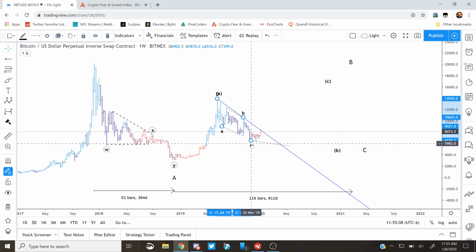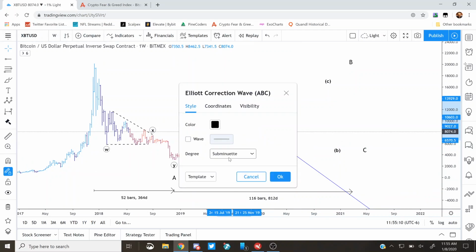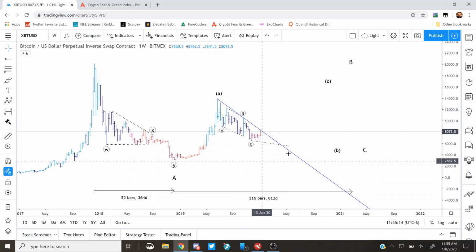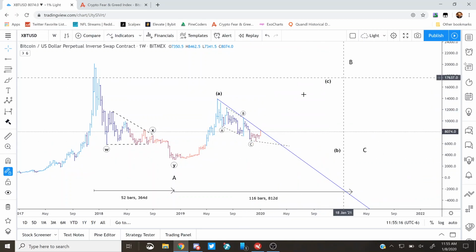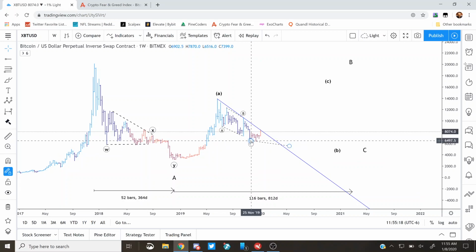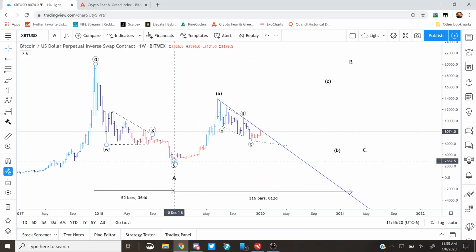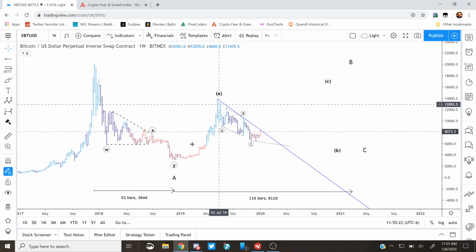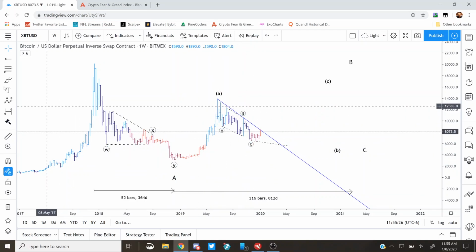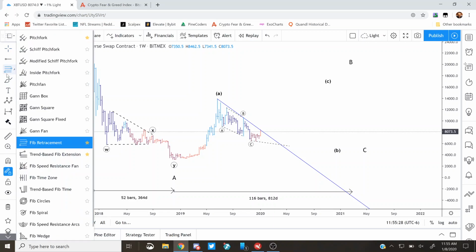My degrees are going to run into each other. Is B complete here? If this was our impulse and this was our correction behind it, time-wise, it shouldn't be complete.